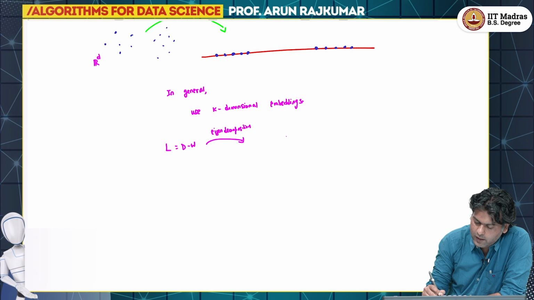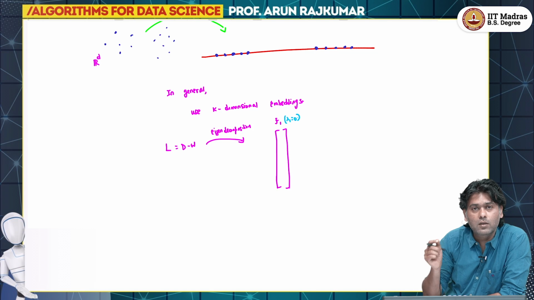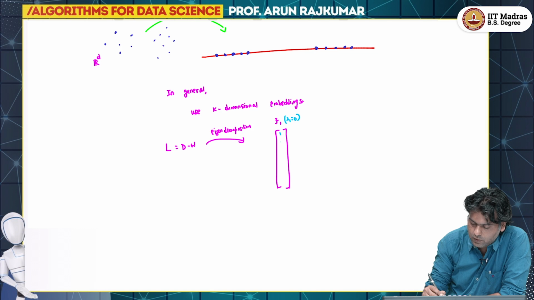and what I get is F1, which corresponds to lambda 1 equals 0. We know what that is, it is just the all ones vector.